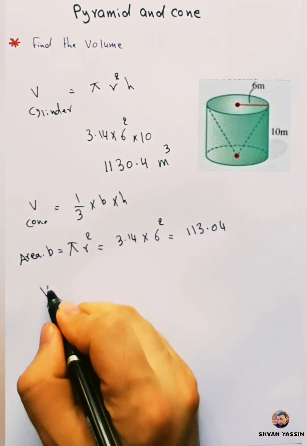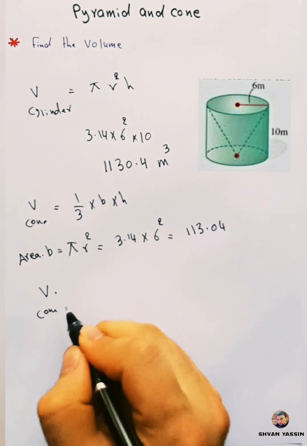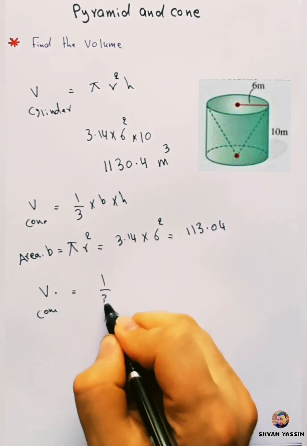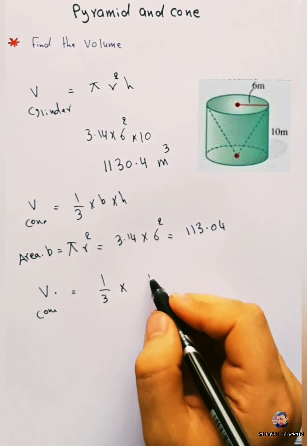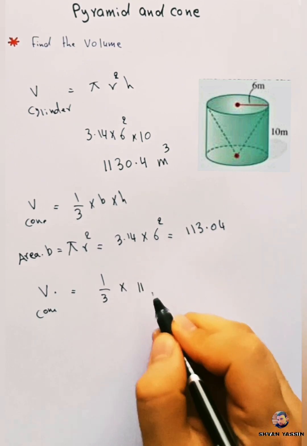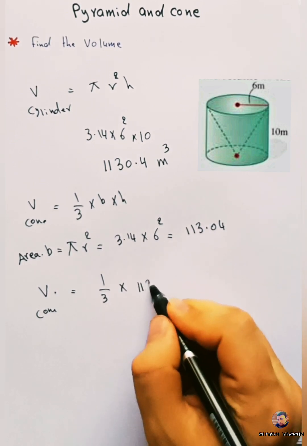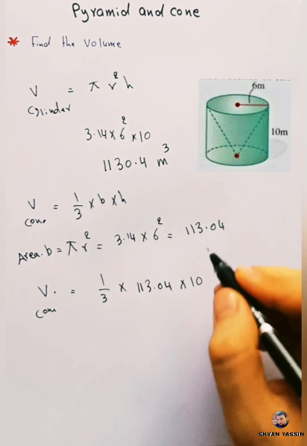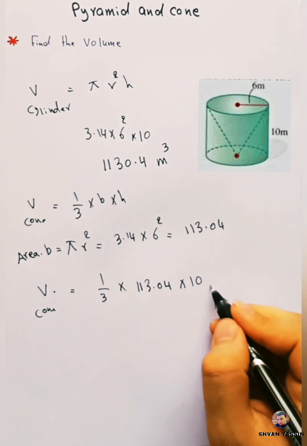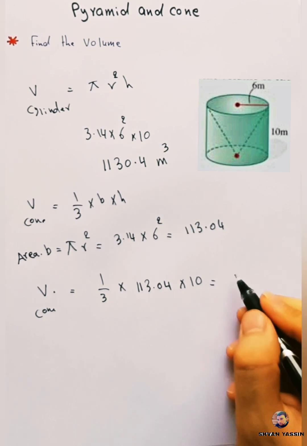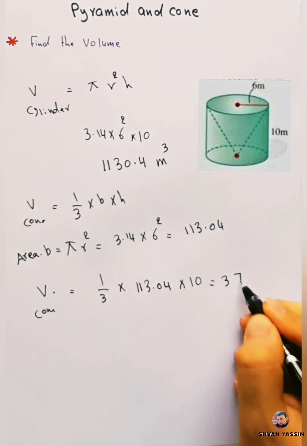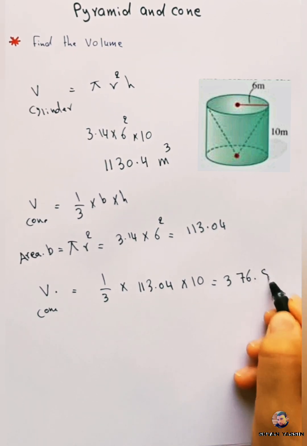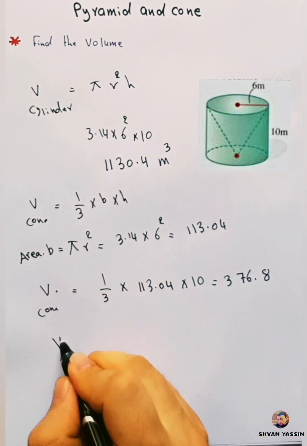After that, the volume for the cone is equal to 1 over 3 multiplied by the area of the base, 113.04, multiplied by the height, 10. So the product is 376.8.